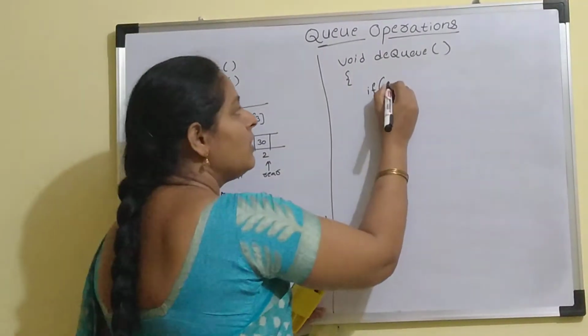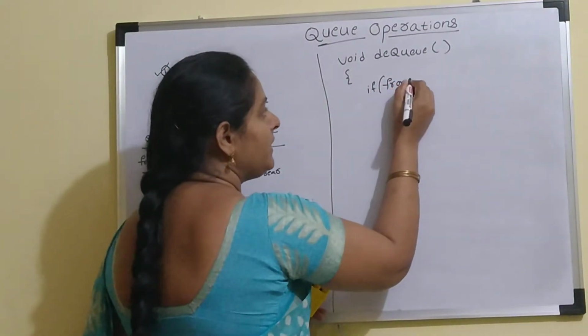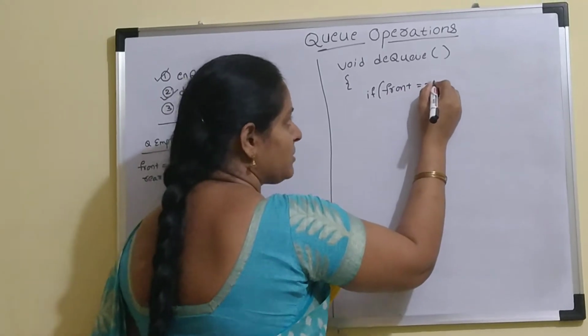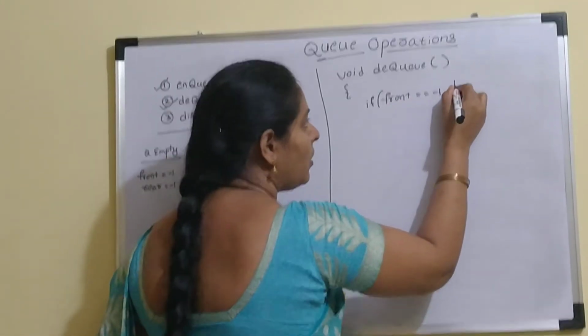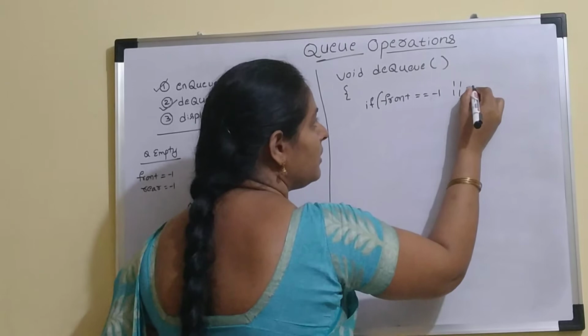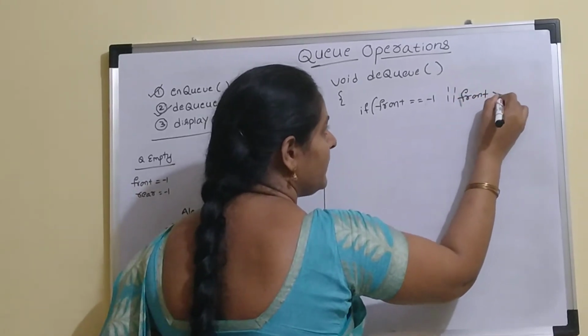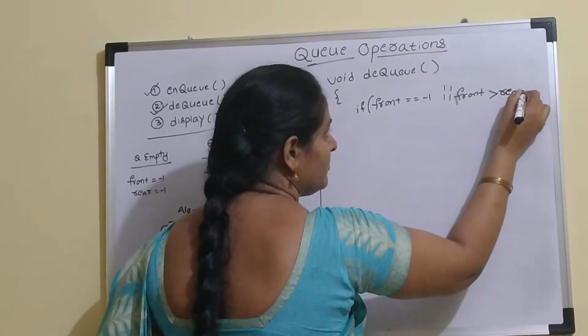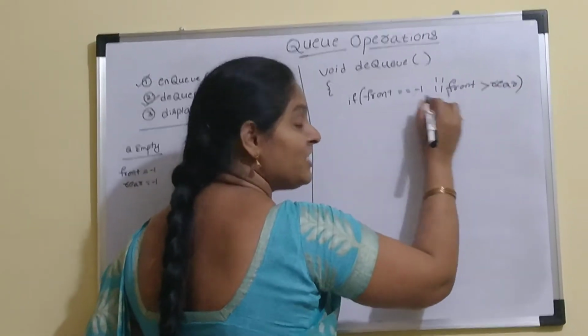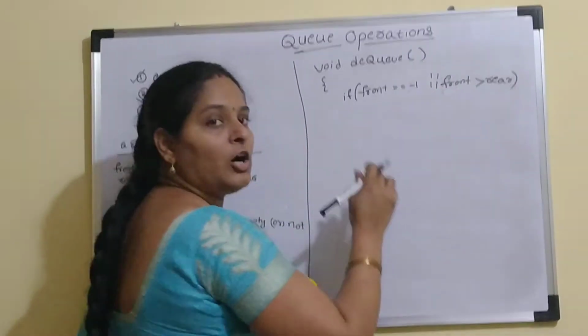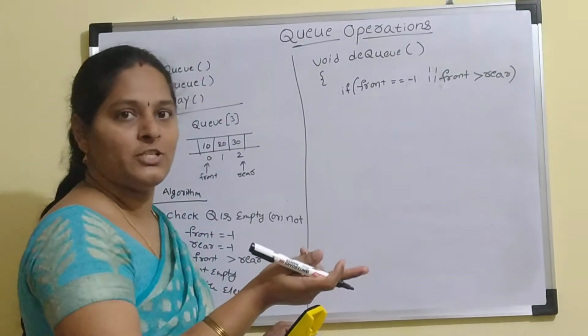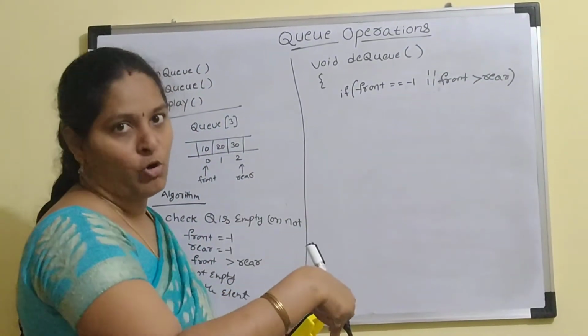So if front equal to -1 or front greater than rear. If any one of these conditions is true, we will enter into the block.